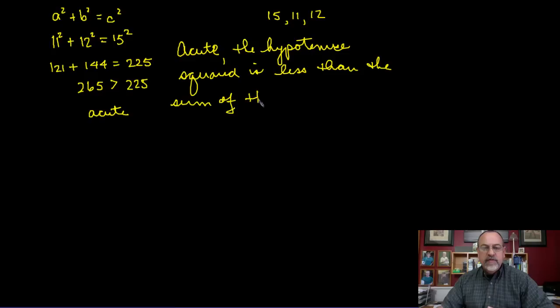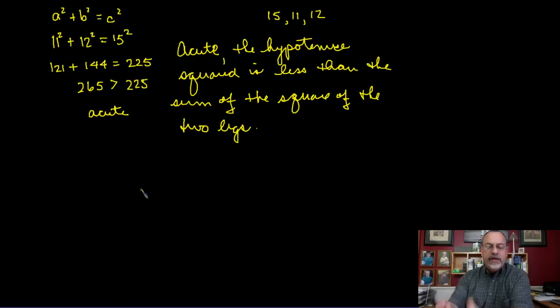The sum of the squares of the two legs. Okay, so again, be careful that you write what it is you mean and that you express that correctly. So this is an acute triangle because the hypotenuse squared is less than the sum of the squares of the two legs. Okay, so we can use the Pythagorean theorem to tell us what kind of triangle we're looking at, even though the sides may not represent a right triangle.